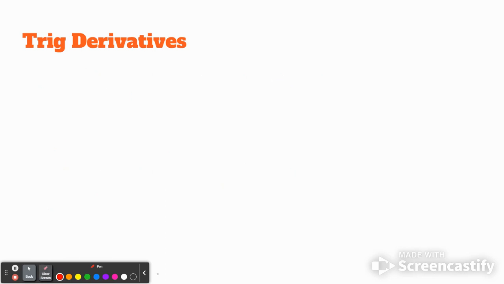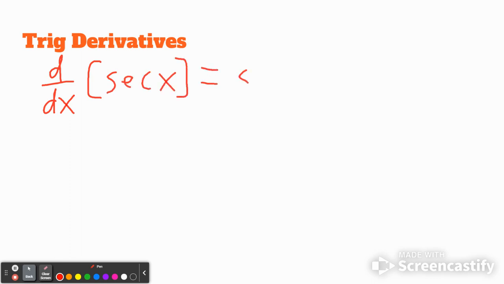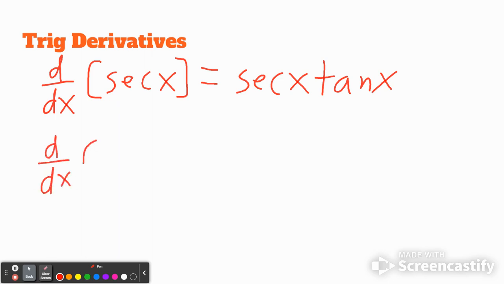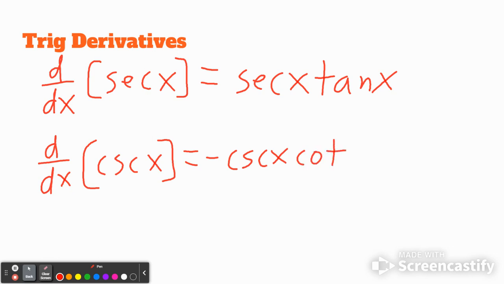The derivative of secant of x is secant tangent. The derivative of cosecant of x is negative cosecant cotangent.